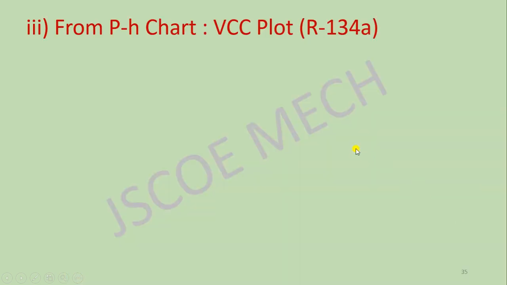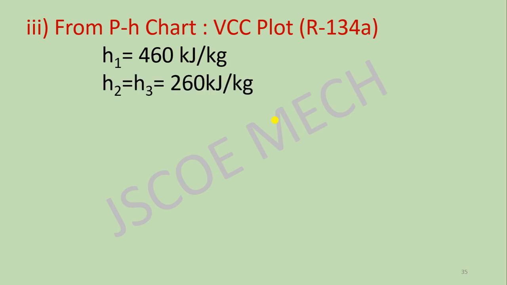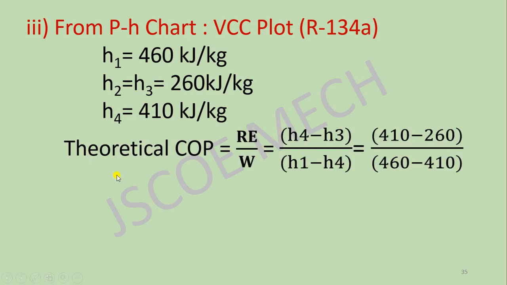From the pH chart, the enthalpies which are obtained are enlisted here. Now theoretical COP formula is ratio of refrigerating effect to the work, means H4 minus H3 divided by H1 minus H4. Putting the enthalpy values in the formula we calculate theoretical COP.